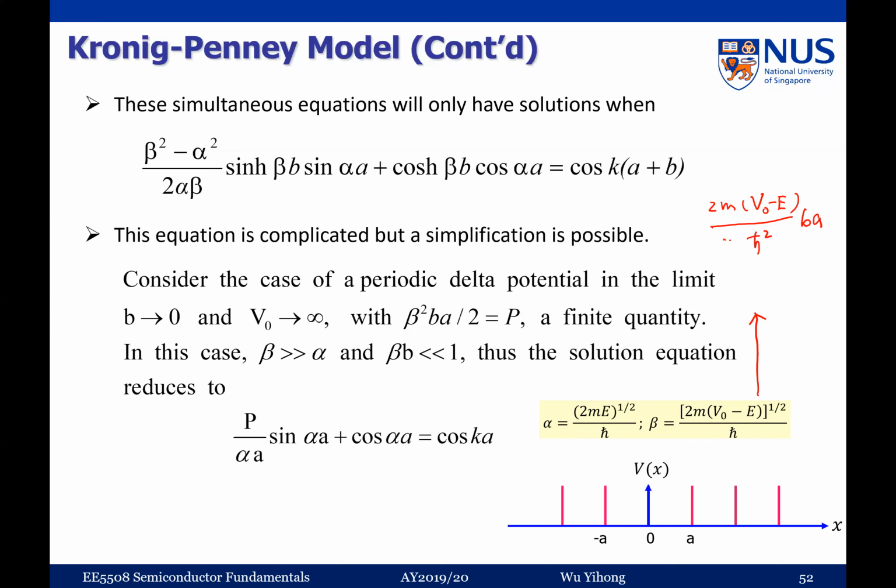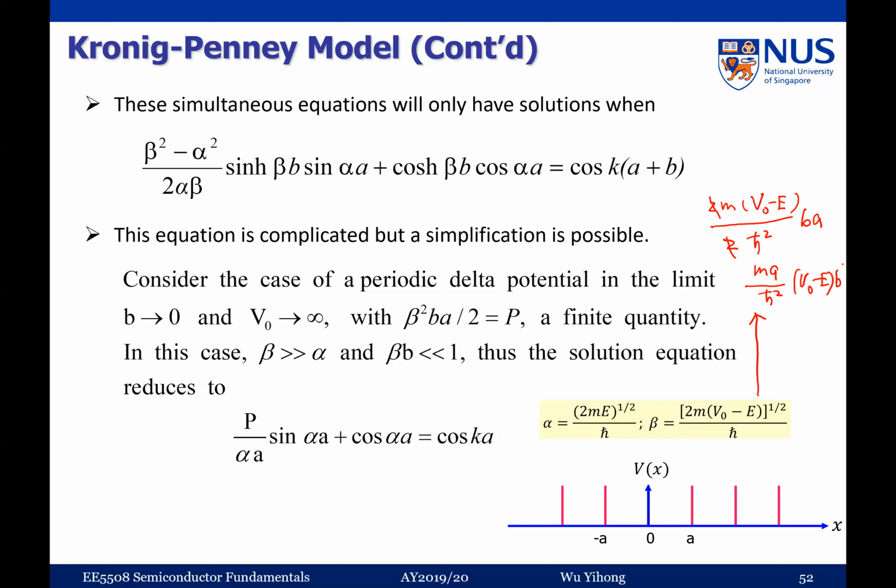So the 2 basically cancels out, and we rearrange this a little bit. So we have m, a, and h squared. Now inside we have V naught minus E, and then we have b.